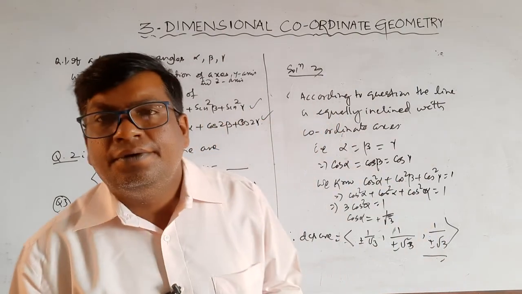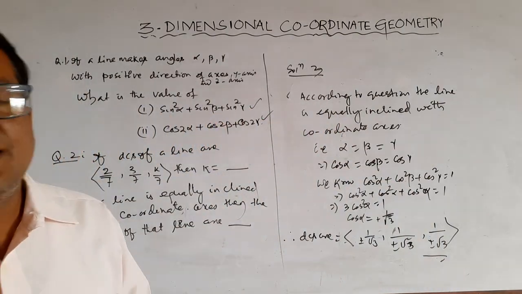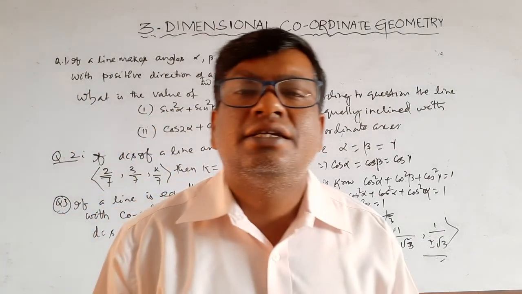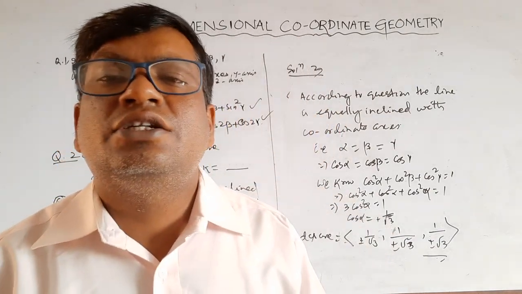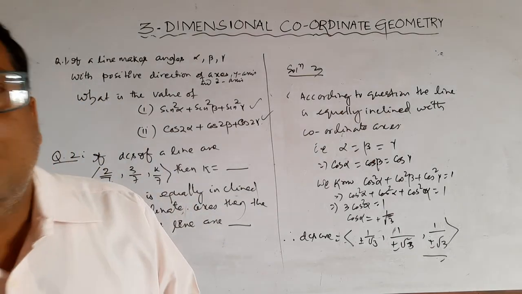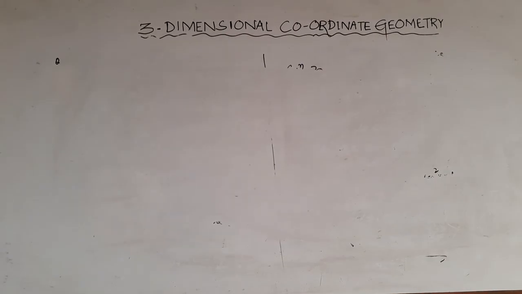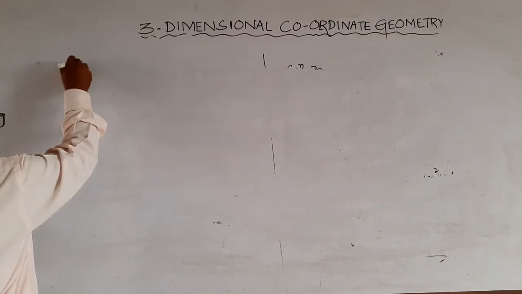Now these are some questions related to direction ratio and direction cosines. Now one more question, question number 4.